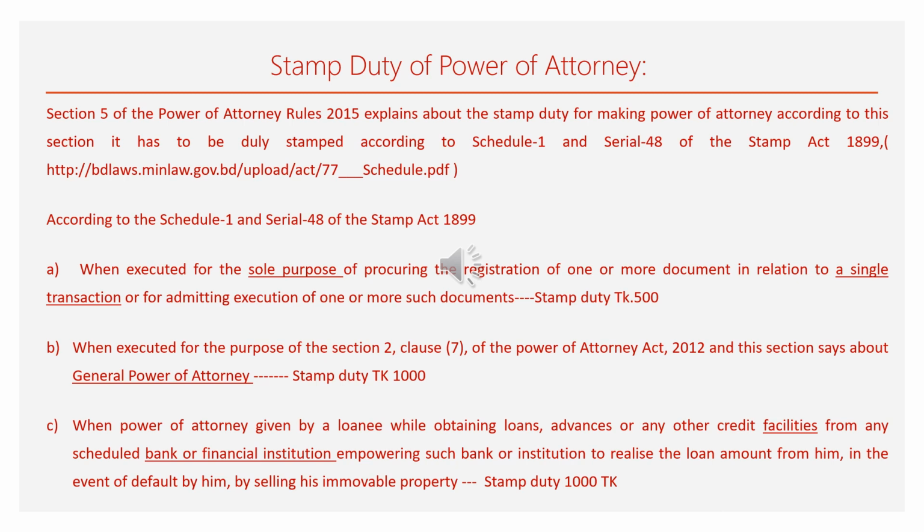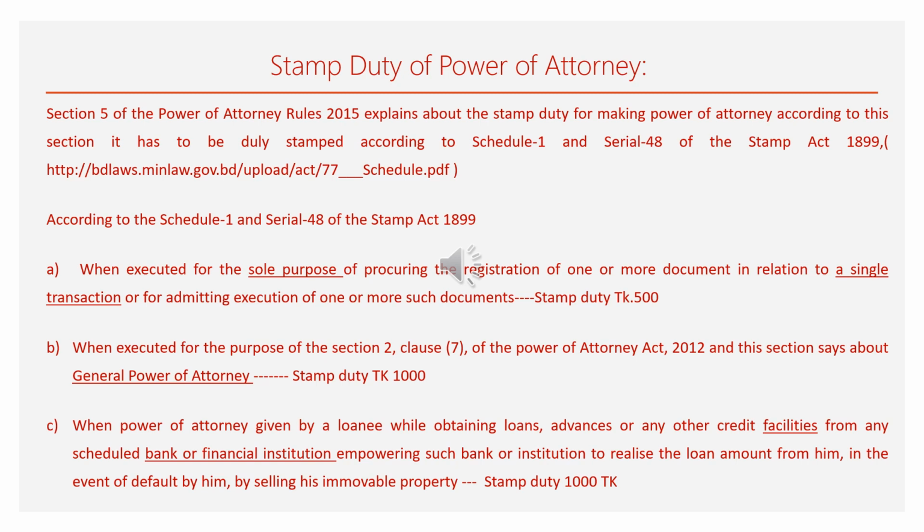That means 500 Taka stamp for one single transaction or sole purpose that can be made by one or more documents. You can also consider this as specific or special power of attorney, but for only one purpose.